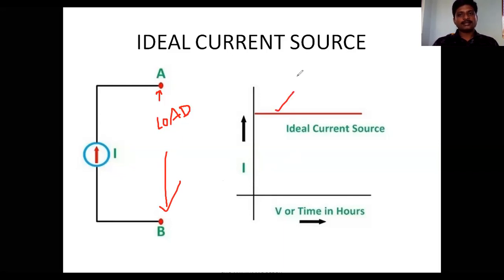The output current will not change even if you change the load voltage or the load itself, and it can supply for an infinite amount of time. So this ideal current source cannot be realized in the real world.